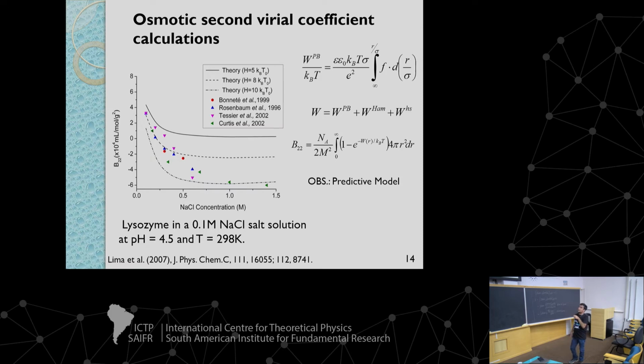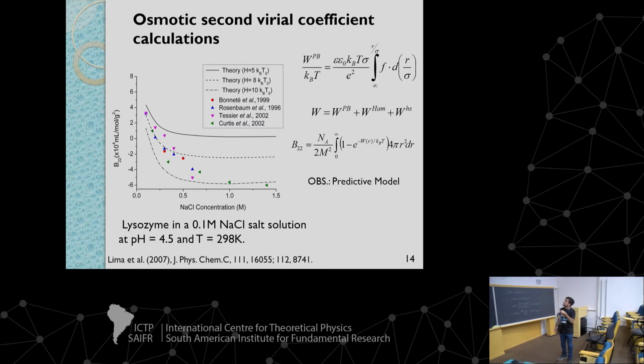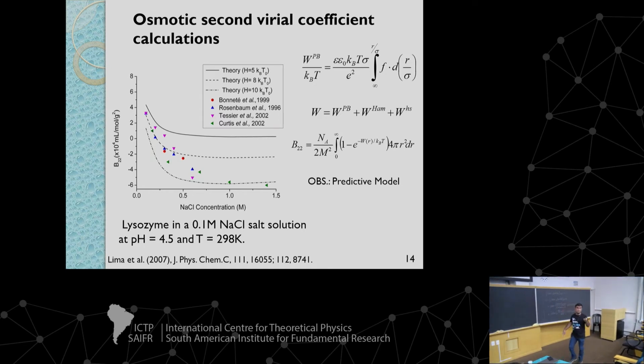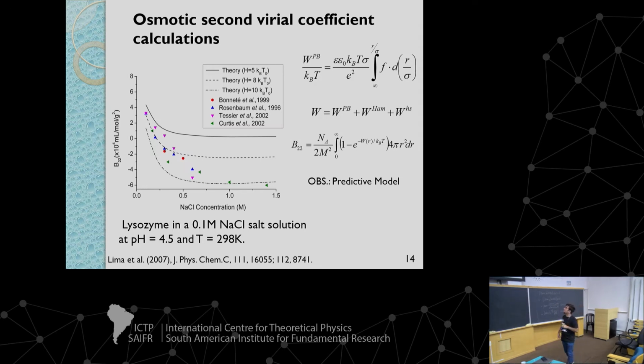So we add the Hamaker contribution and the hard sphere contribution, and we finally get the total potential of mean force that we can introduce in this integral in order to obtain the second order osmotic virial coefficient. The osmotic second virial coefficient.